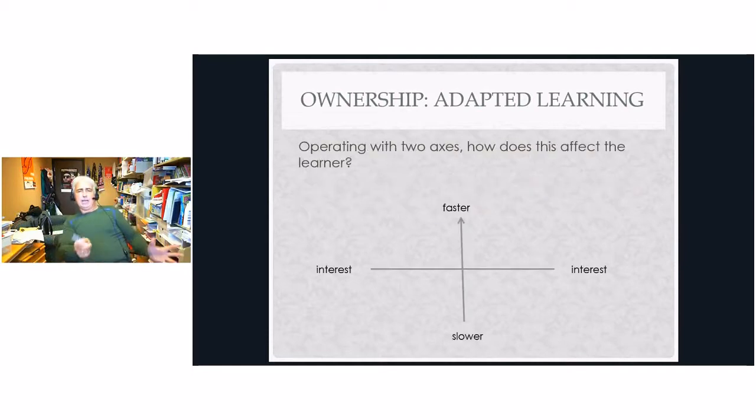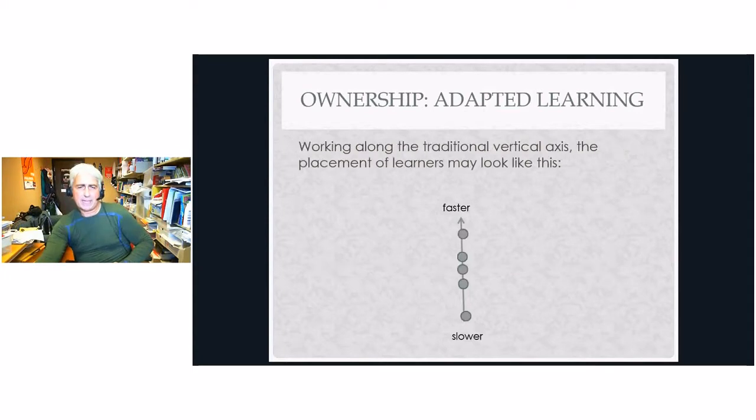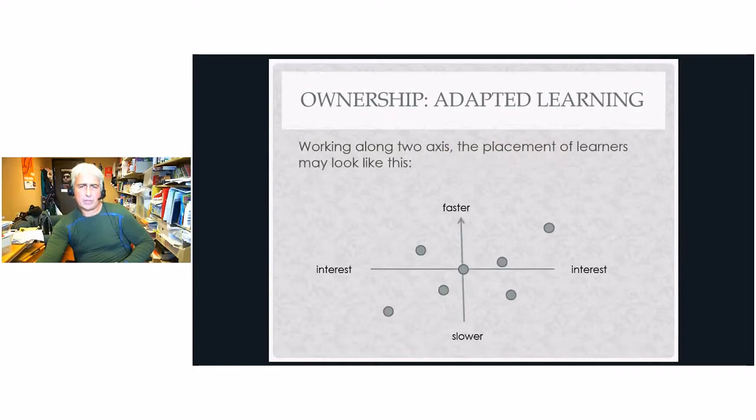And again, here we have both the axes together, and when we place different learners of different abilities on these two, we see here traditional faster and slower axes, and when we combine that with the interest axis, we see the dots which represent the pupils will spread out quite a bit.